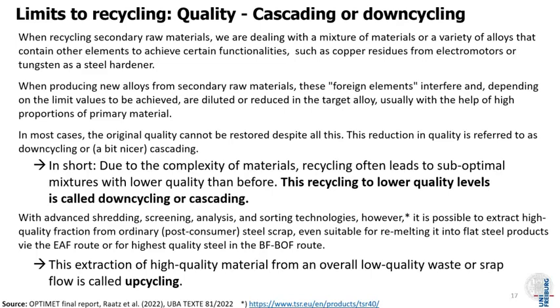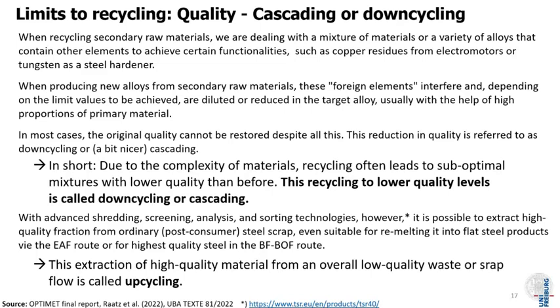Overall, we observe cascading, or sometimes called downcycling, in the steel cycle. This means the quality of the recycled steel is generally lower than the quality of the steel from primary production, so it's shifted to applications that demand less quality. And the most common shift in the steel cycle is the shift from sheet metal to long products.